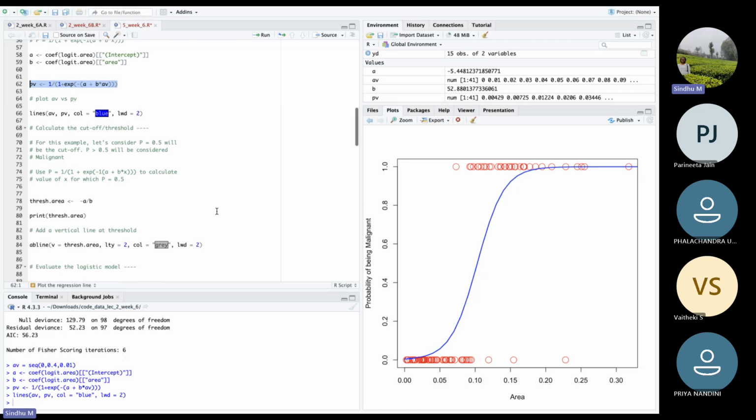So we have to calculate the cutoff threshold, which we can decide on our own. In this case, we are considering p is equal to 0.5. So 0.5 is somewhere over here, and it corresponds to an area between 0.1 and 0.15. So we say that if the probability is greater than half, then it is malignant. If the probability is less than half, then it is not malignant.